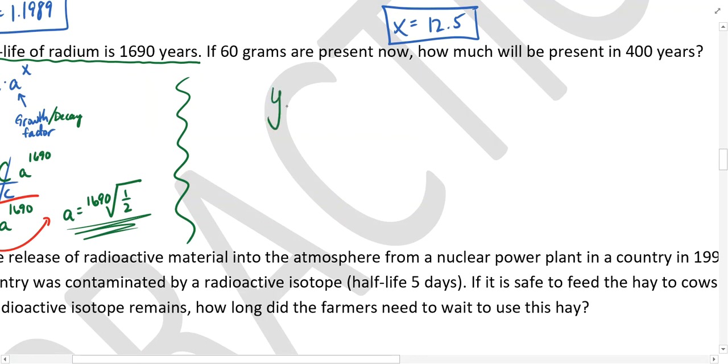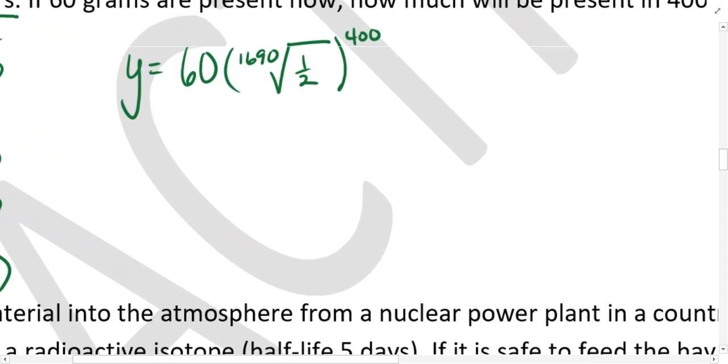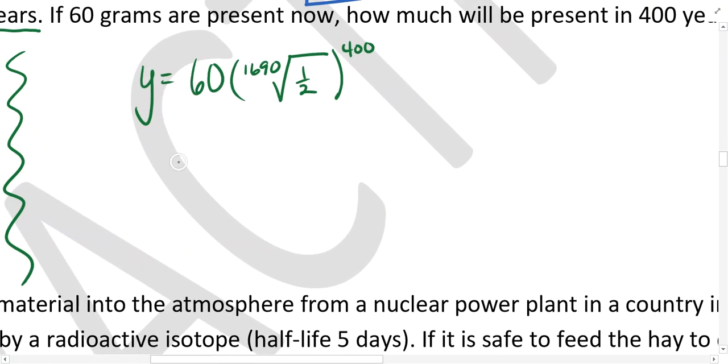Well, what we're looking for is an ending amount, Y. If we start with 60 grams, we're growing at a rate of the 1,690th root of 1/2. We're going to let it decay for 400 years. So if we started with 60 grams, we'd like to know how much we're left with after 400 years.